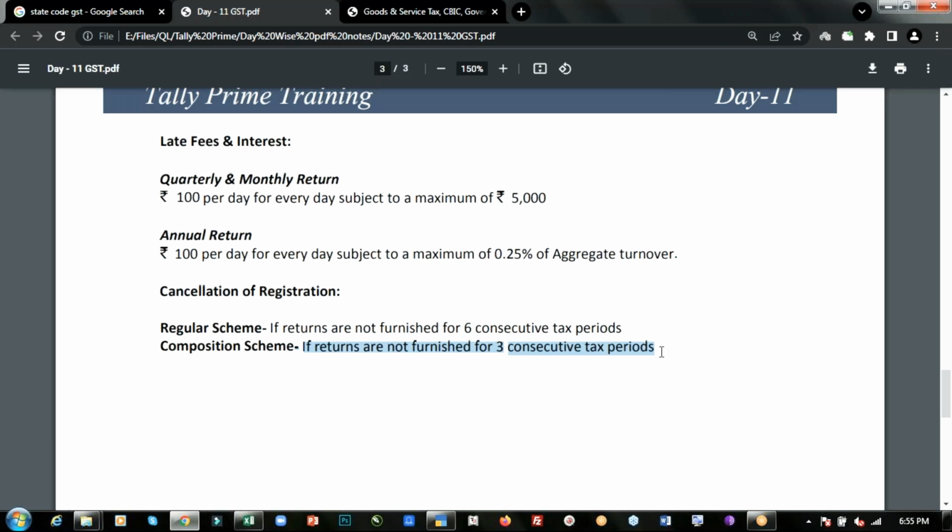Consecutive means continuously. For 6 continuous months of not filing the return, your registration will get cancelled. If you are a composite dealer and you do not file the return for 3 quarters continuously, registration will get cancelled. And you will also be charged these late fee and interest charges. So guys, is this point clear for all?